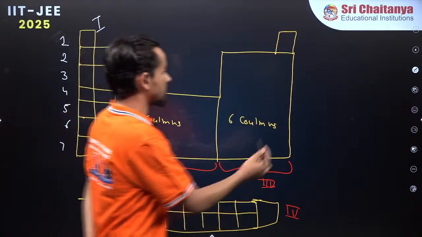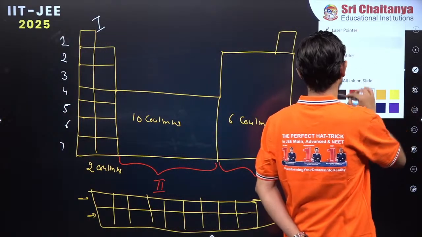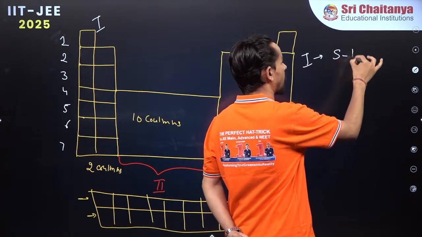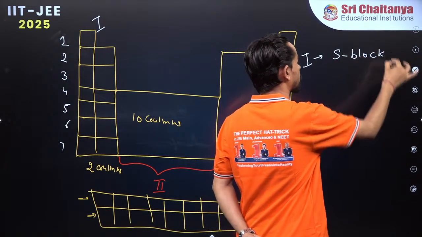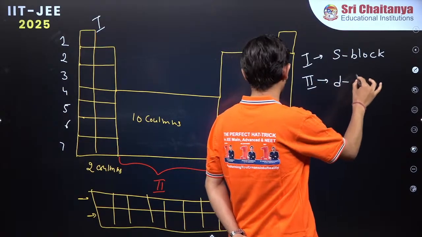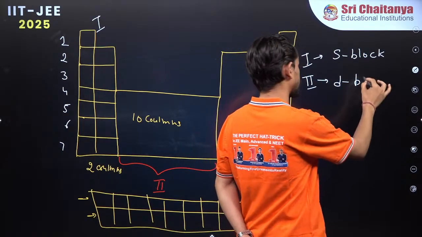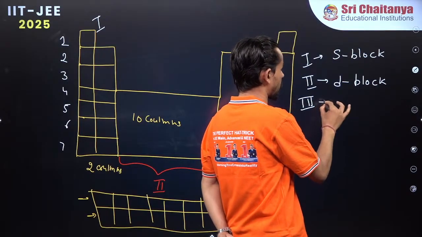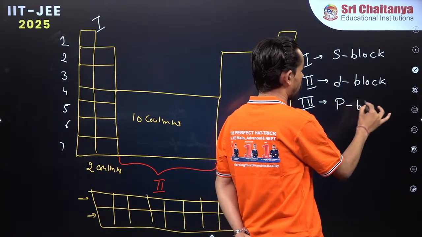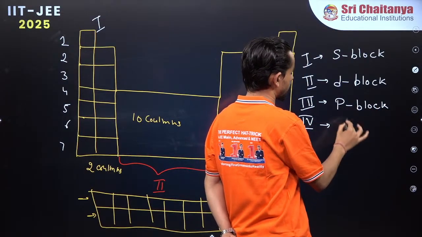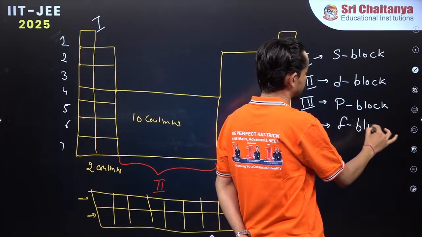Okay, let's start by one. First of all, area number 1 is known as S block. Area number 2 is known as D block. Then area number 3 is known as P block, and area number 4 is known as F block.